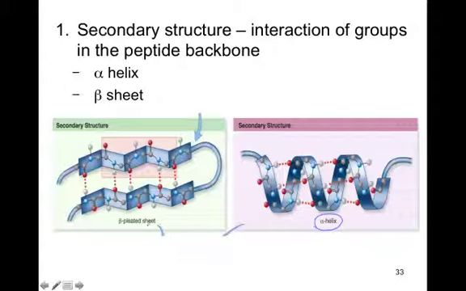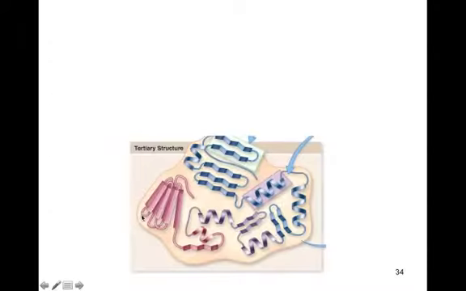The other is the beta pleated sheet, where we just see kinks along the length, one amino acid, another amino acid, creating these kinks or pleated sheets. The pleated sheets usually come in sets of 2, so that bonds form between amino acids in a different pleat. So the primary structure is simply the beads on the string. The secondary structure is the formation of alpha helices and beta pleated sheets.